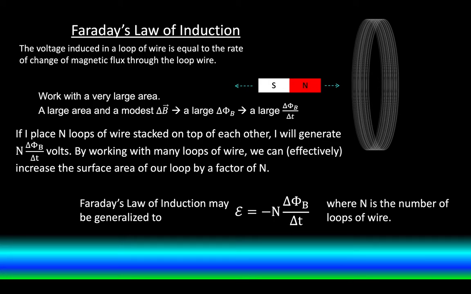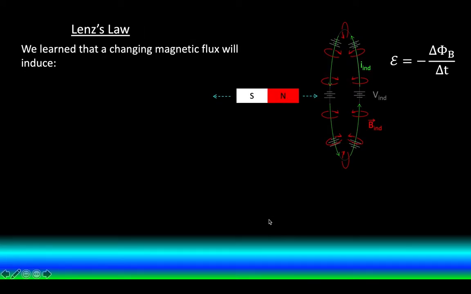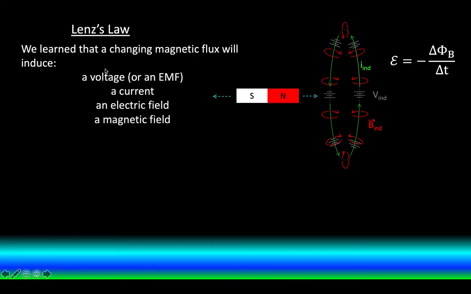We also had this negative sign, and the goal of this part of the lecture is now going to be: what direction does the current flow through this wire? Will the current flow clockwise or counterclockwise? And this is the source of the negative sign here. So we learned that a changing magnetic flux will induce a voltage in the wire, it'll induce a current through the wire. If you're going to get charges to move, you've got to push on them.